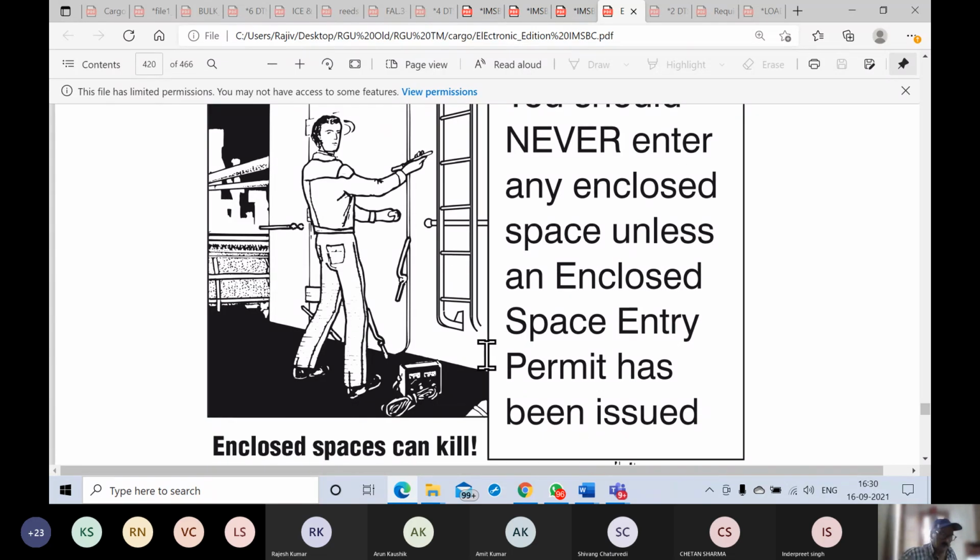Mind you, people are becoming aware. I've heard even trainees and ratings are asking for a permit before they are told to enter. They are now quite aware. Awareness has increased. They just don't go blindly. They want to see a permit. They want to see an approved permit rather.